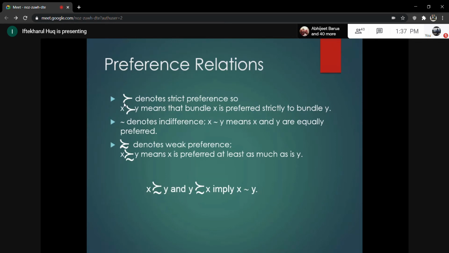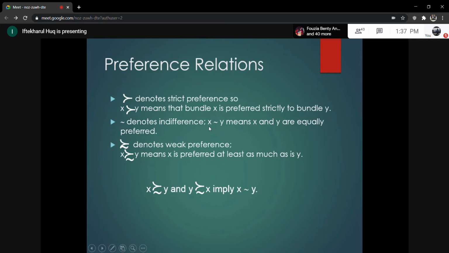This represents that one bundle is more preferred than another bundle. If I write it like this, X is strictly preferred to Y, that basically means bundle X is preferred strictly to bundle Y. Then there is another notation. Look at this one. This denotes indifference.